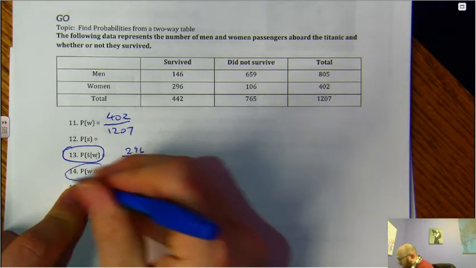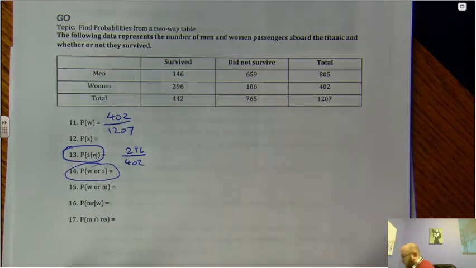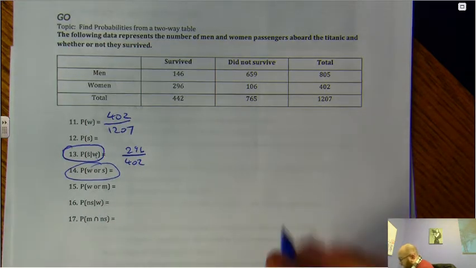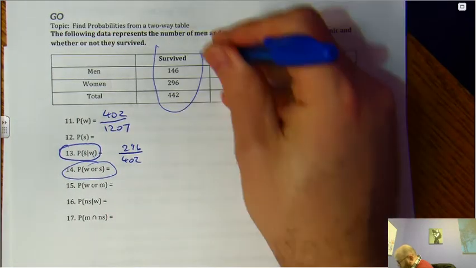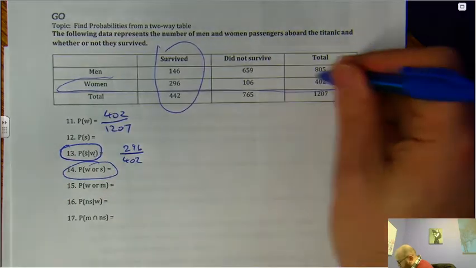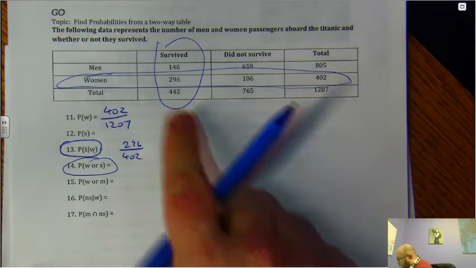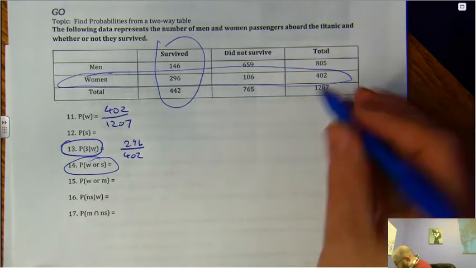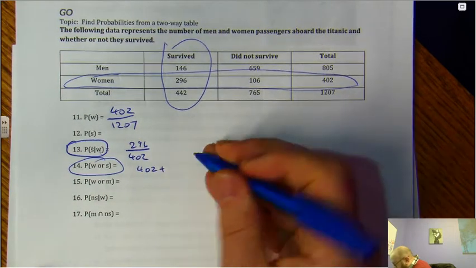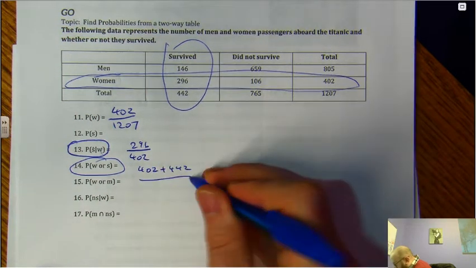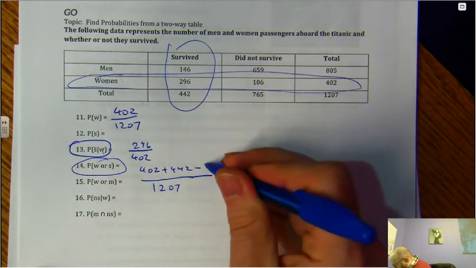Now for this one, it's the probability that someone is a woman or a survivor. So we can look at women or survivors. Here are the survivors, here are the women. So we would look at these probabilities combined: 402 plus 442 out of the whole 1207, but we double counted, so we subtract 296.